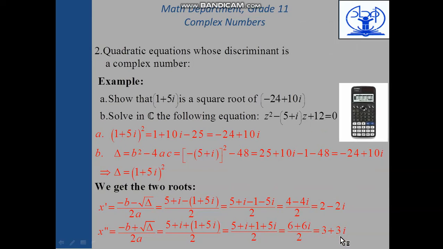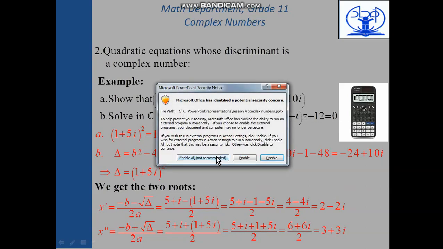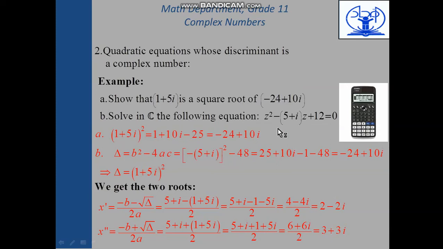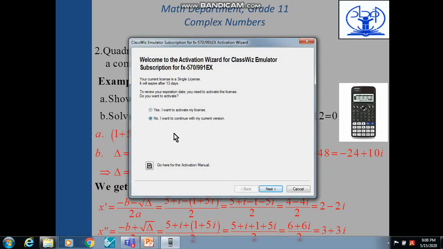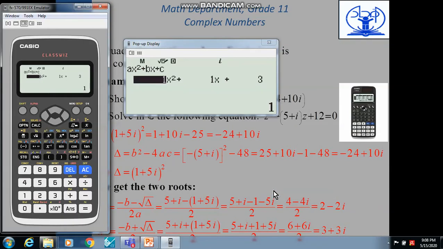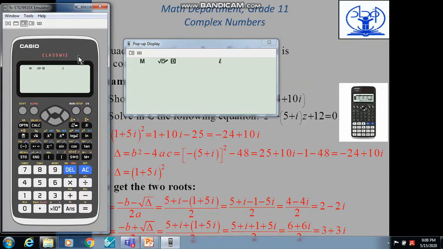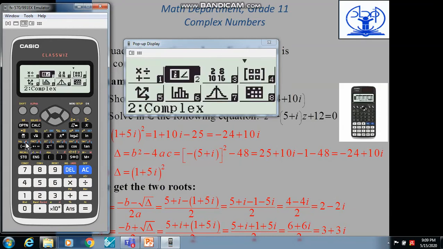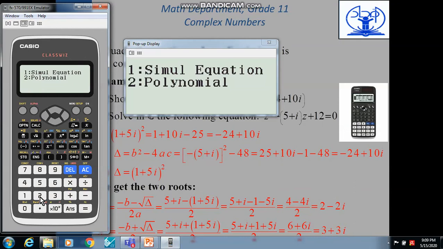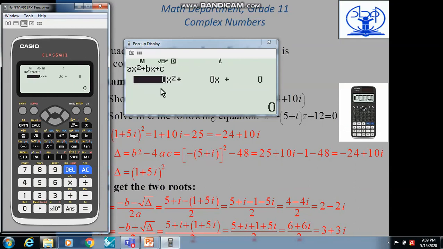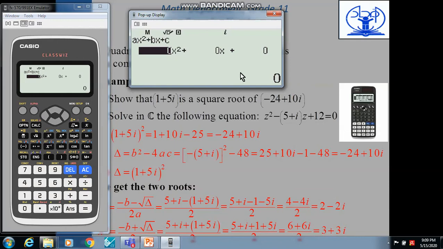And now let me try to solve this equation with the calculator. You will see we are not able to do it with the calculator because the coefficients are complex. Suppose I go to menu, complex mode. Now I go to menu equation, polynomial, second degree, and I want to put the coefficients.